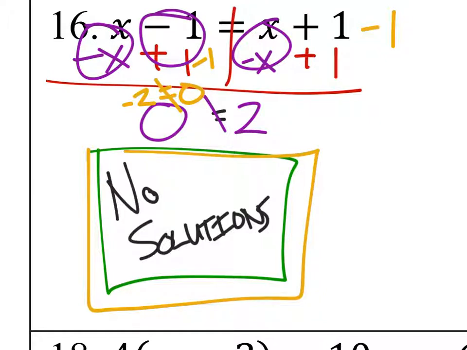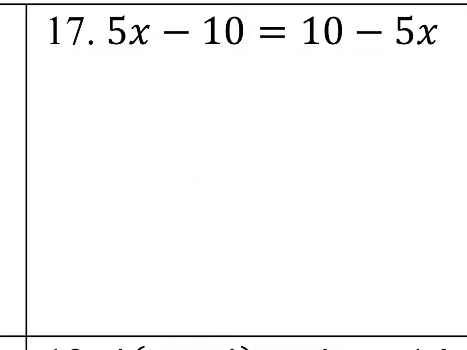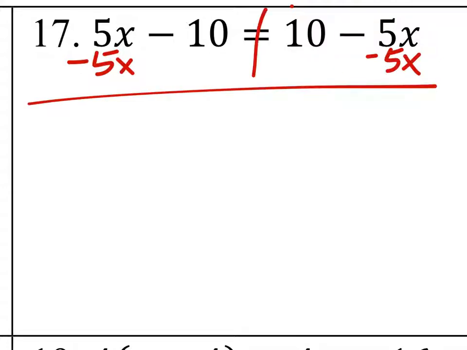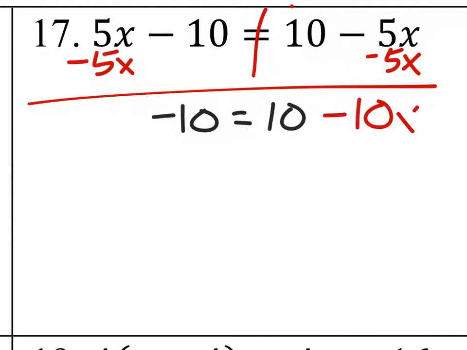Yeah, that's a very good question. This one's not too bad. So, with that question, which side do you guys want the x's on? Because it doesn't matter. The right side. So let's subtract these 5x's. And if we do it to one side, we've got to do it to both sides. So now I got negative 10 equals 10 minus 10x.